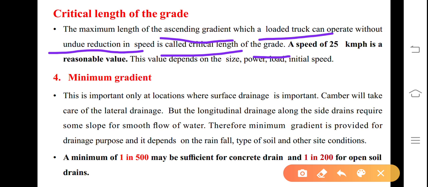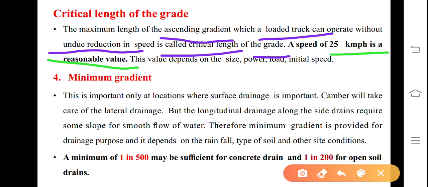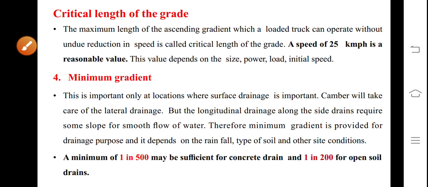A speed of 25 km per hour is a reasonable value. This value depends on the size of vehicle, power of vehicle, load and initial speed.